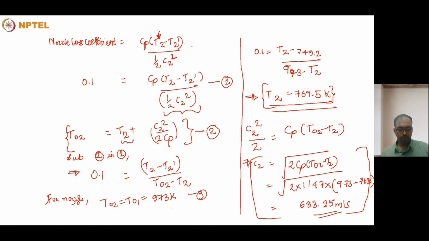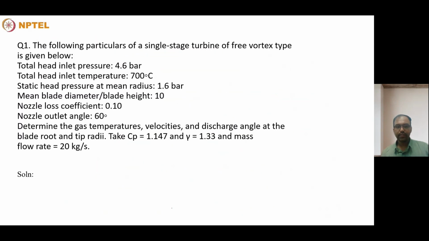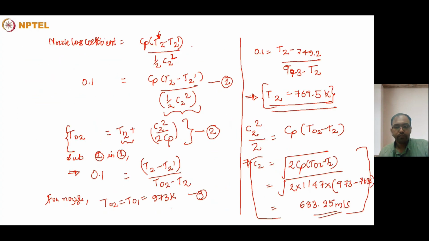Now we have the value of the temperature and the velocity at the exit of the nozzle. The next step is we have to calculate the discharge angle at the blade root and the tip radii. For that, we should be knowing the blade diameter values.